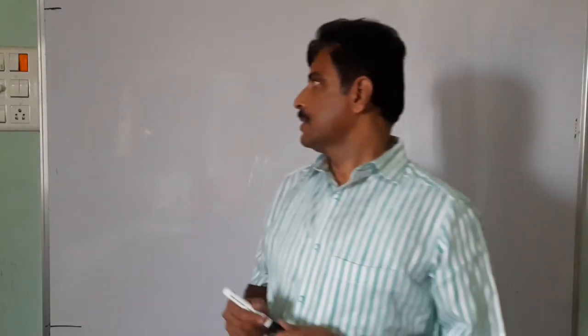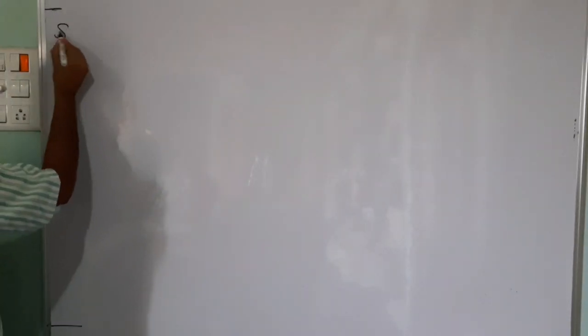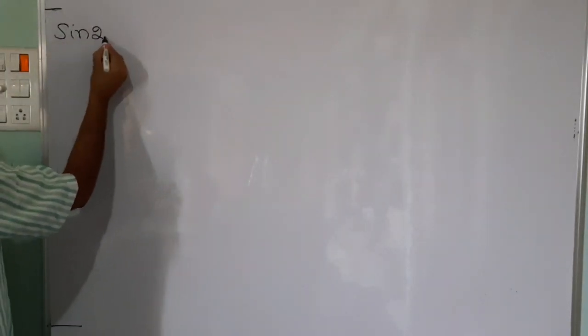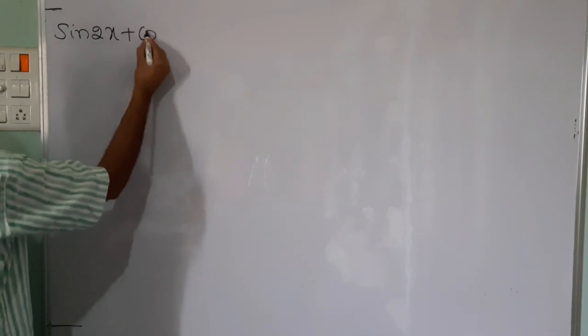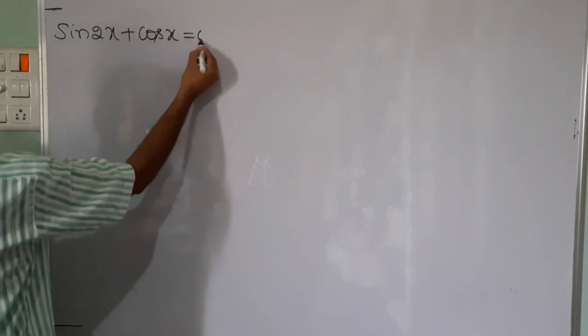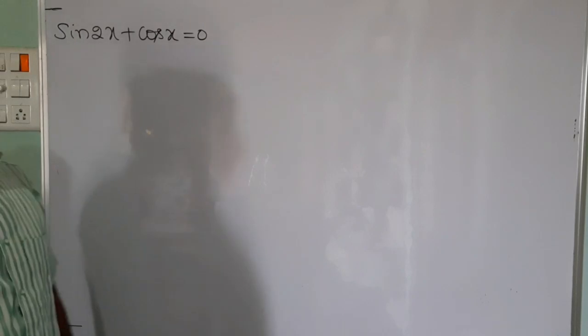So today, let us discuss the next problem, number 7: sin 2x plus cos x is equal to 0.